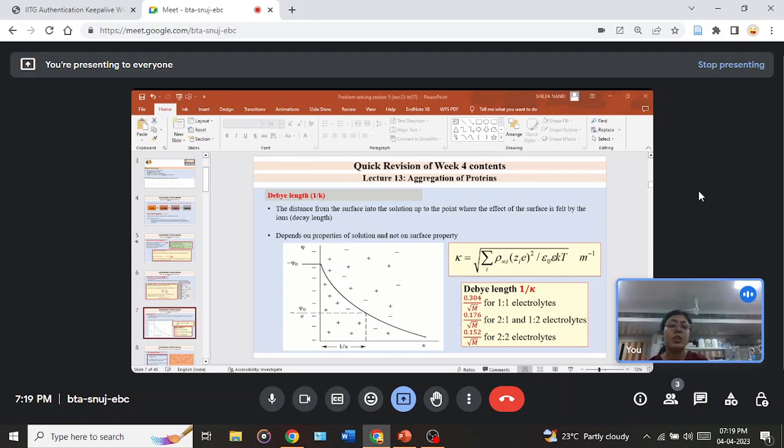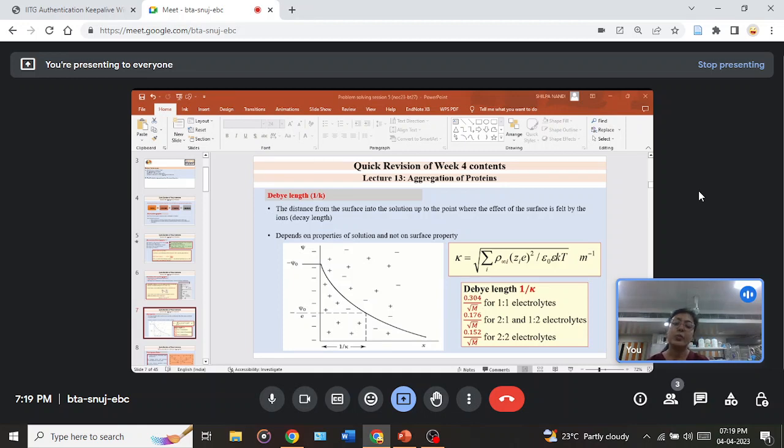K is given as the square root of the summation of rho multiplied by ZE whole squared divided by epsilon naught epsilon kT, and the unit here is per meter. When you convert this to 1 by K, your unit will again become meter.